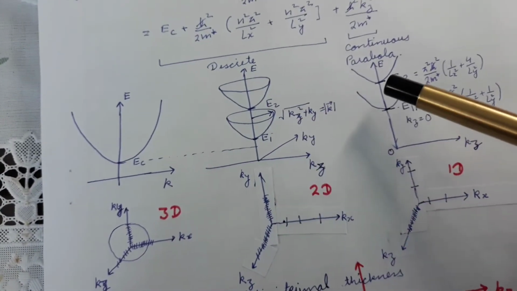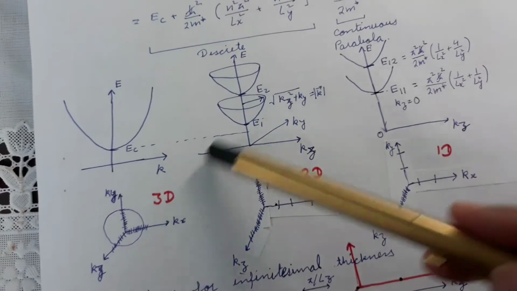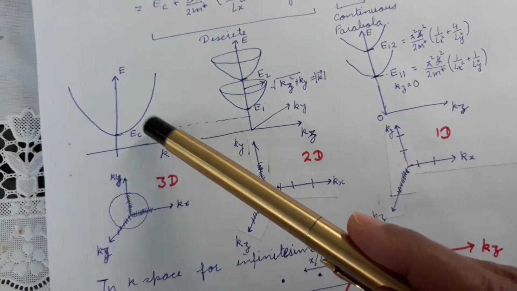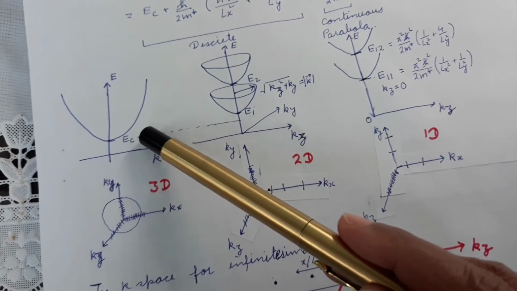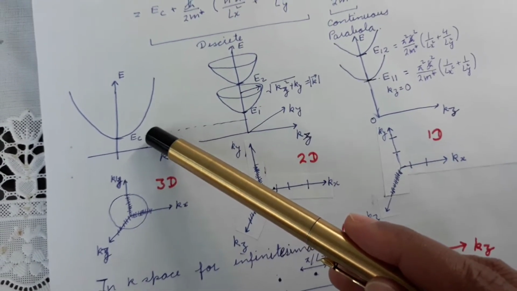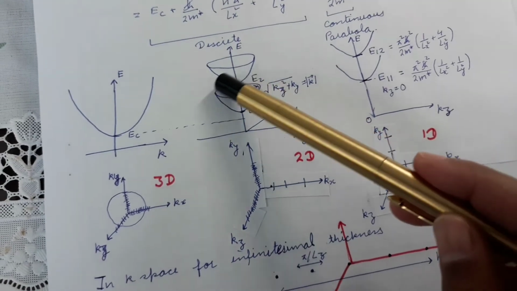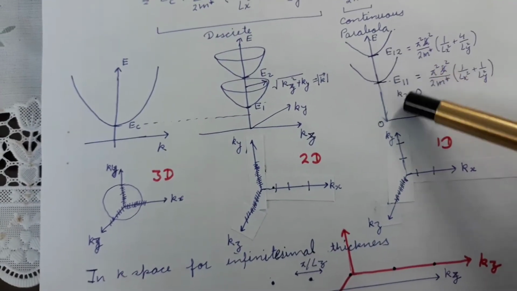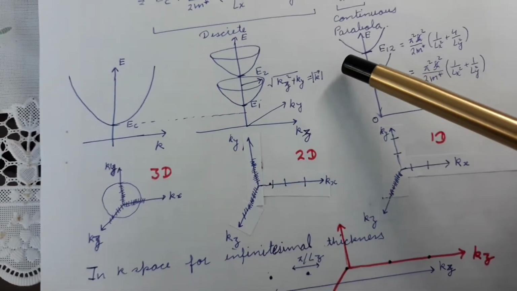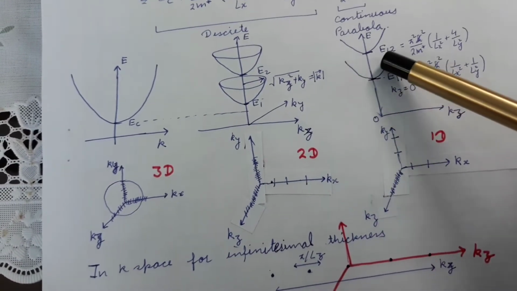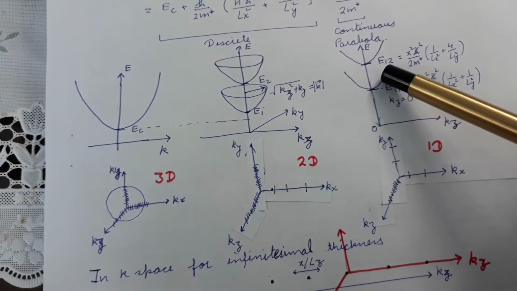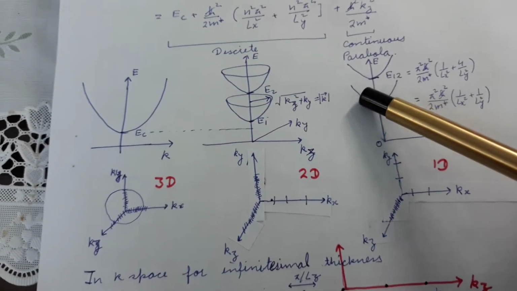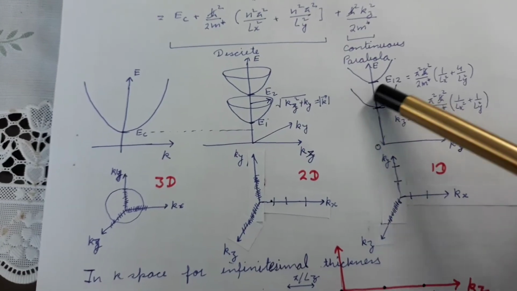Also, if we have to draw an equal energy surface for a 3D material, it will be a sphere, while in a 2D material it will be a circle. While in a one-dimensional material, you see for each value of k you will have a line of energy, and energy will be constant in one dimension.